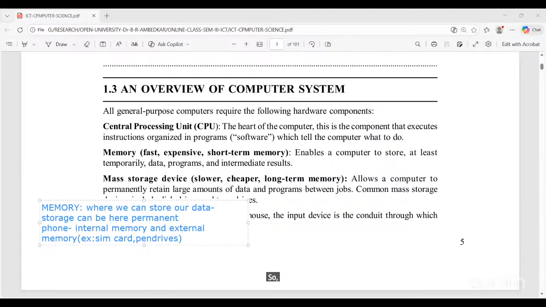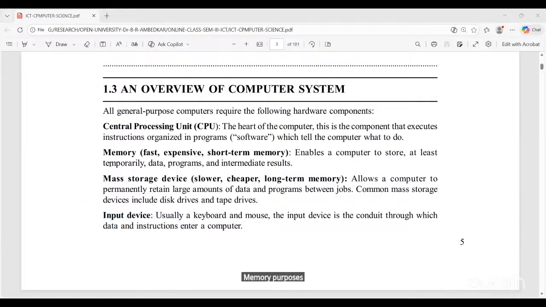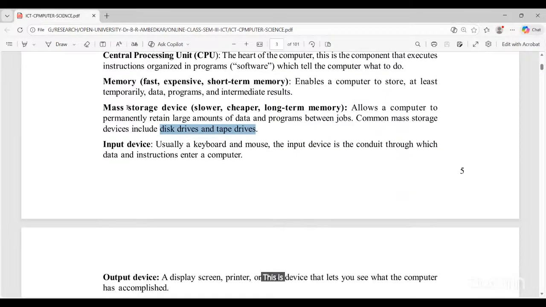So the memory's purpose is to store the data. Now these are mass storage devices. Mass storage devices you can call internal disk drives and tape drives. They are slower in processing, and they have long-term memory.